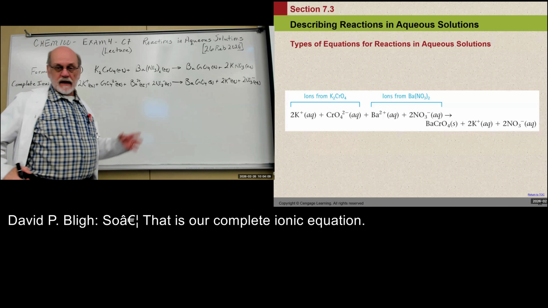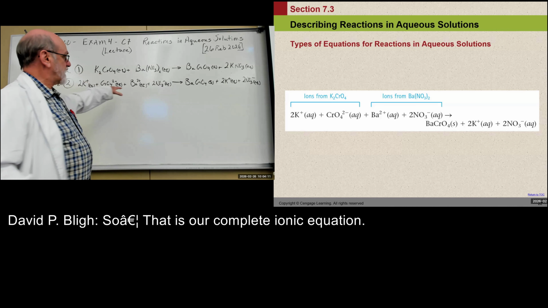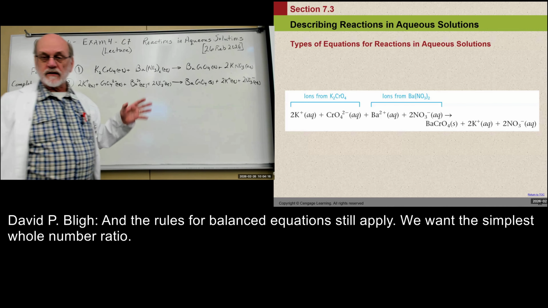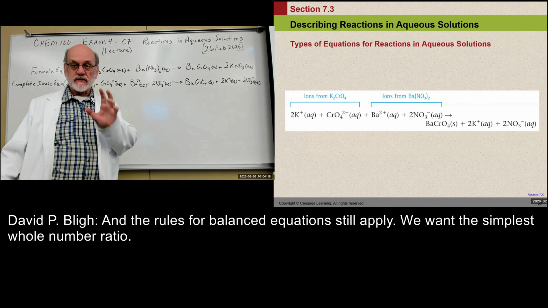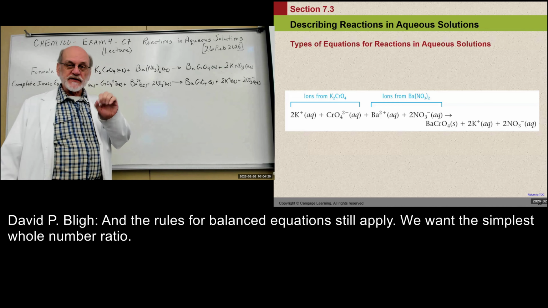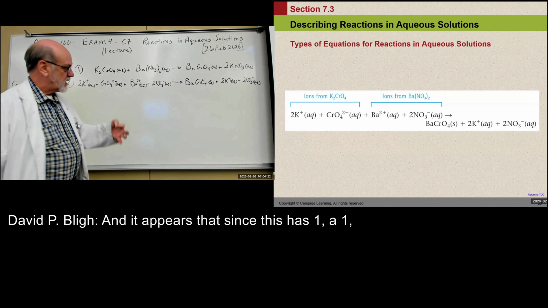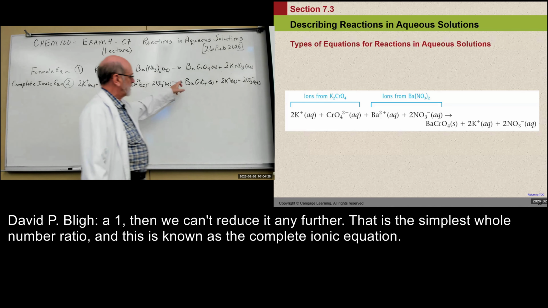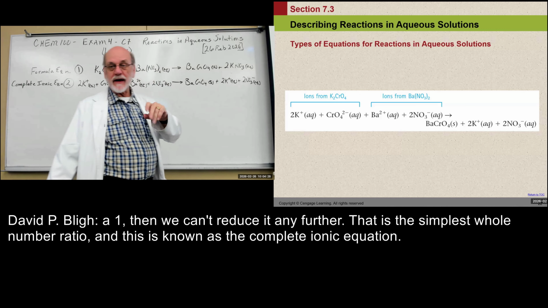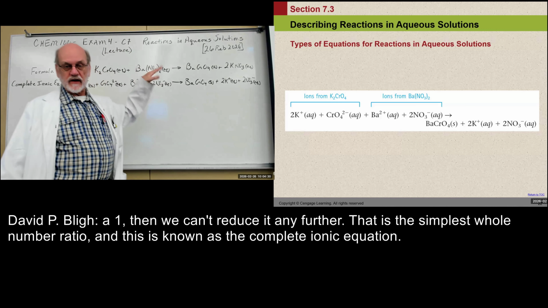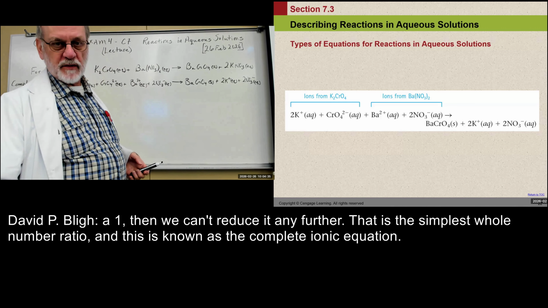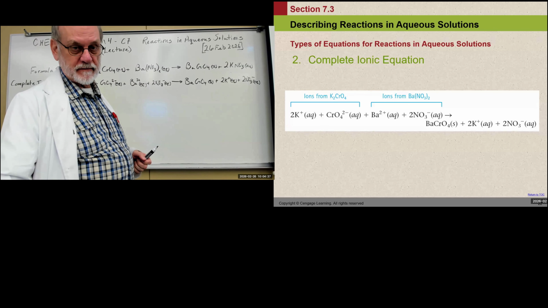So that is our complete ionic equation. And the rules for balanced equations still apply. We want the simplest whole number ratio. And it appears that since this has a 1, a 1, a 1, then we can't reduce it any further. That is the simplest whole number ratio. And this is known as the complete ionic equation.